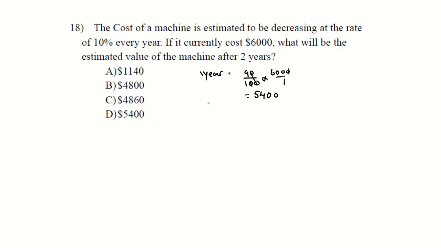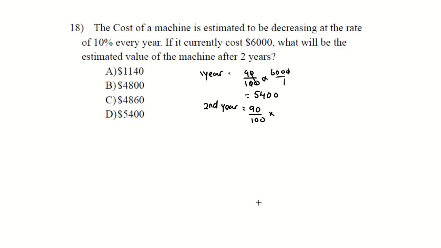And then after the second year, it would be 90%, right, of 5,400. The estimate is decreasing at a rate of 10% of the actual cost, right? So the actual cost after the first year would now be 5,400.